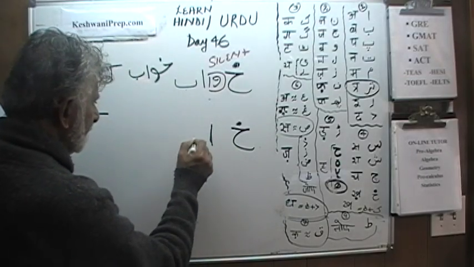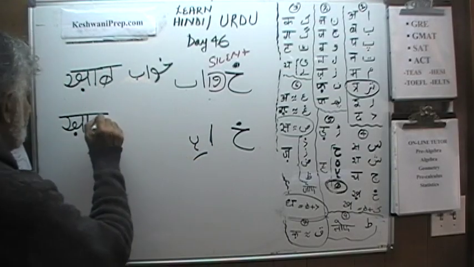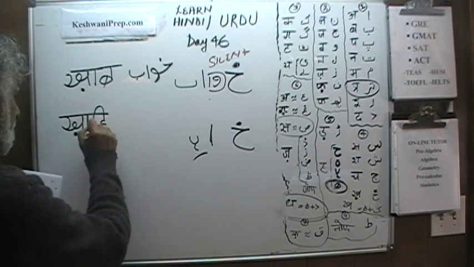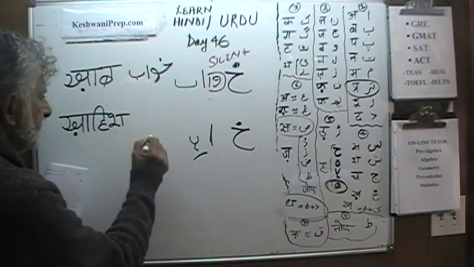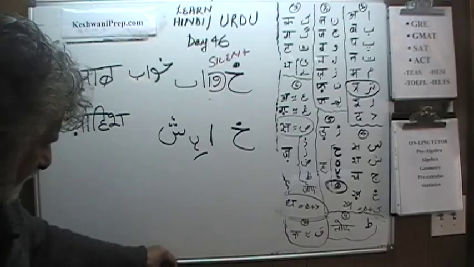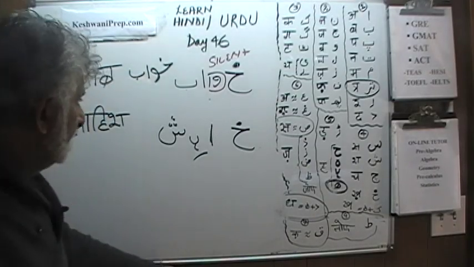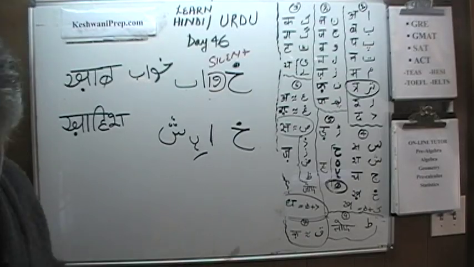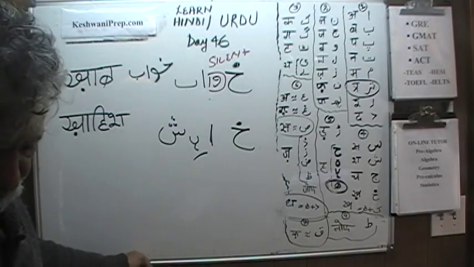Then we need a he, choti e ki matra, and then a sha. That is how the word is read. The word should be read as khaish. The correct pronunciation of the word is khaish.